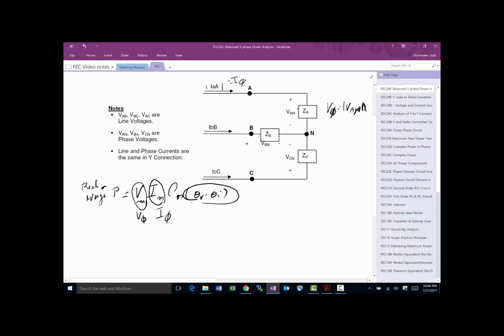And since they are moving in the same way in each phase, the I and V relationship is the same.